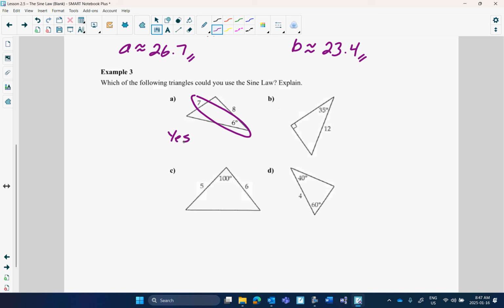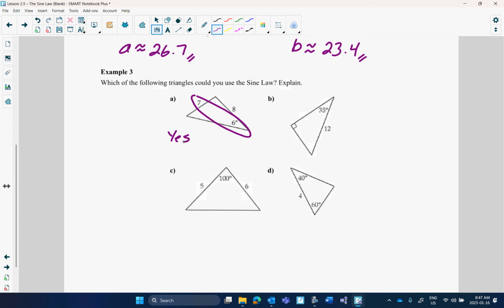So, yes, I can use sine law in this one. This next one is a little tricky. Because first of all, it's a right triangle, so one would assume that we would use right triangle trig. But technically, you could use sine law, because you do know a side and its angle opposite.